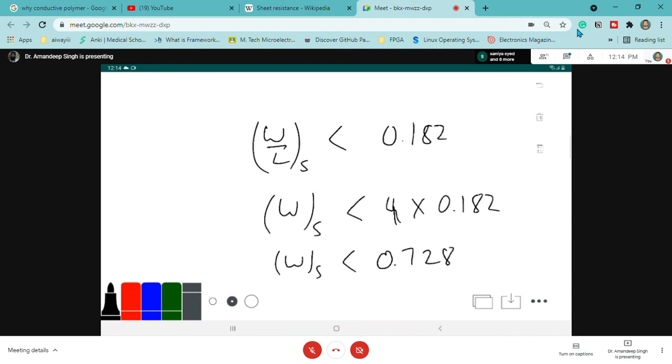W by L value can be anything less than this, so you can write that W by L is less than 0.728 divided by 4, because L is 4. This will be your value for M5 and M6, such that your values are read or written without any error.